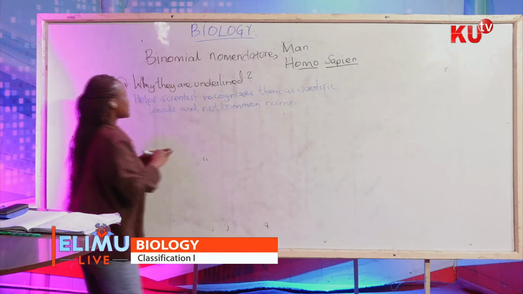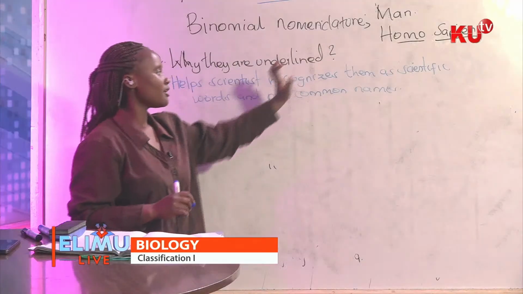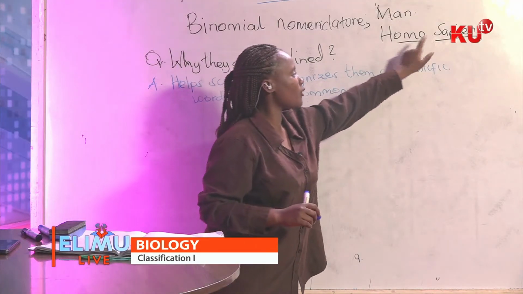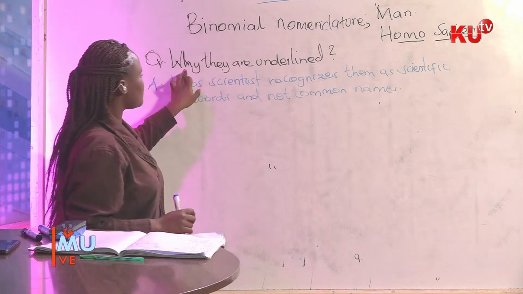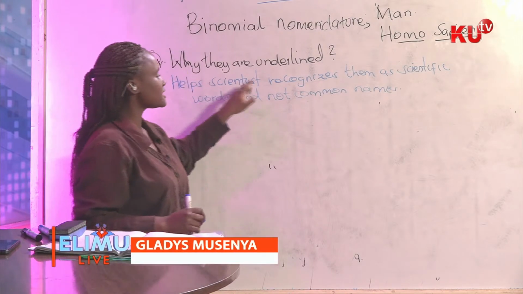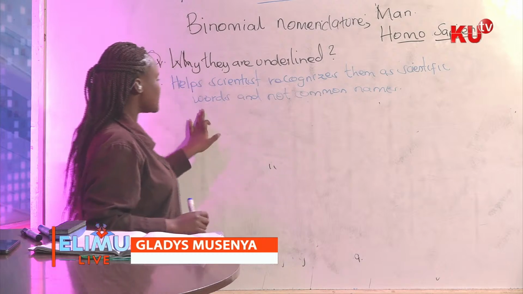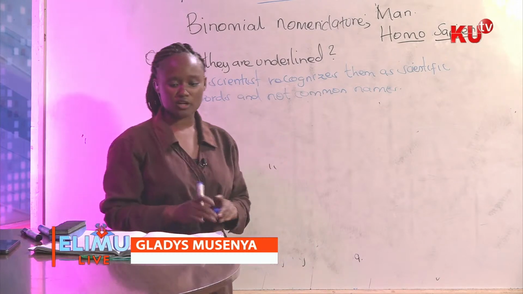So the reason for underlining, like I've underlined here Homo and sapien, is that it helps scientists recognize them as scientific words and not common names.